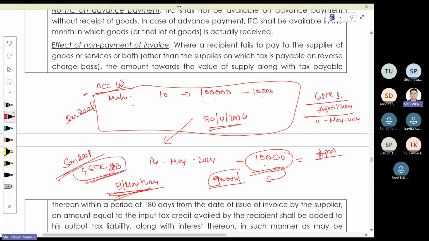Even though it is reflected in the month of April, Sandeep is not entitled to claim credit of this 10,000 rupees ITC. Why? Because it is not received by him. He will claim this ITC in the month of May, not in the month of April. Is it clear? That means there is some time gap in the claiming and in the reporting. Clear? Yes, sir.